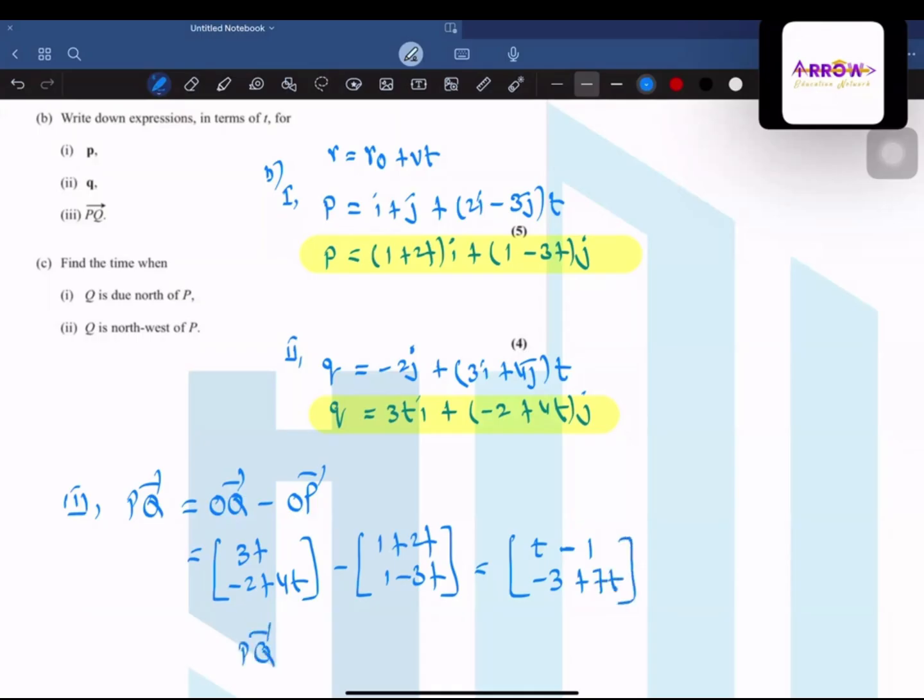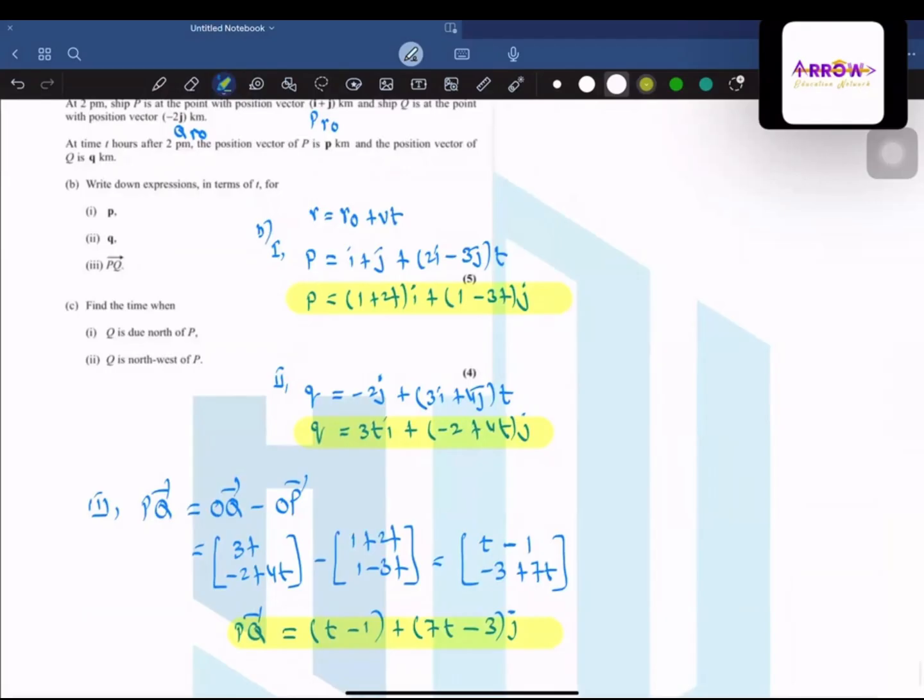Therefore our answer, the PQ vector, is: the I component is t minus 1, and the J component is 7t minus 3. All right, so this is the complete answer to part B, all three parts. T minus 1 is the I component. I forgot to mention this I.